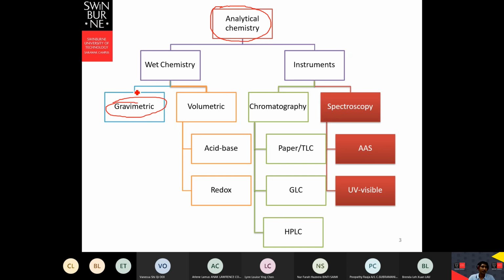Those are the destructive ones. If you use a sample for gravimetric or volumetric analysis, you cannot take the sample back and use it for your own cause. That is destroyed, which is why it's a destructive process.